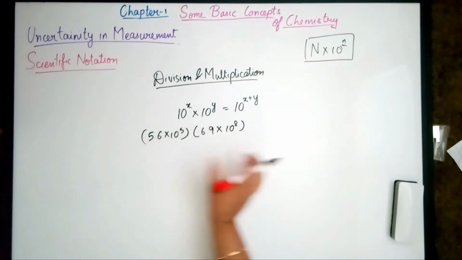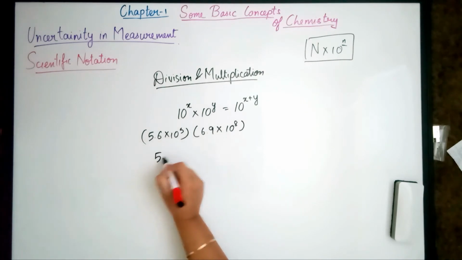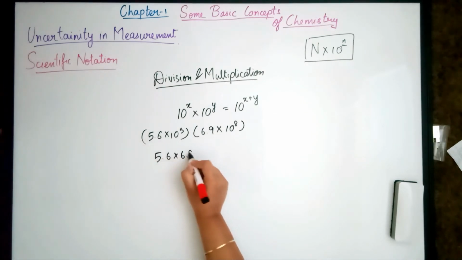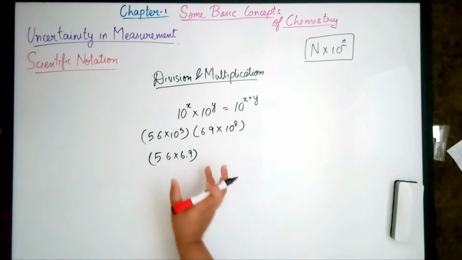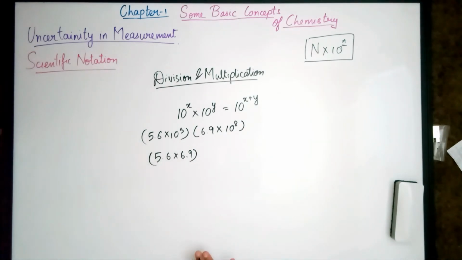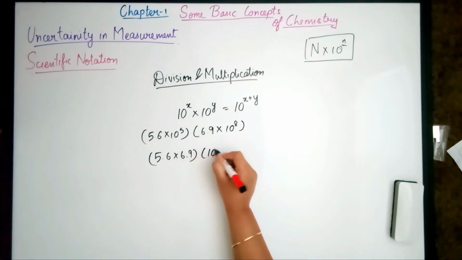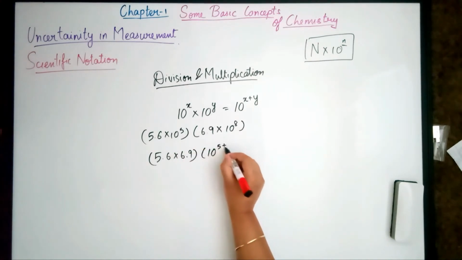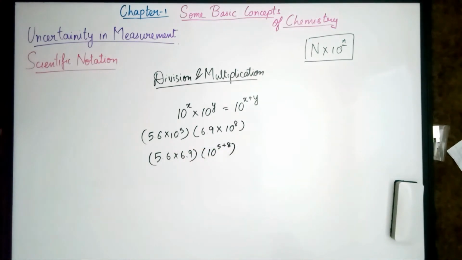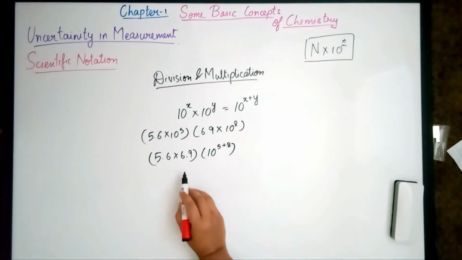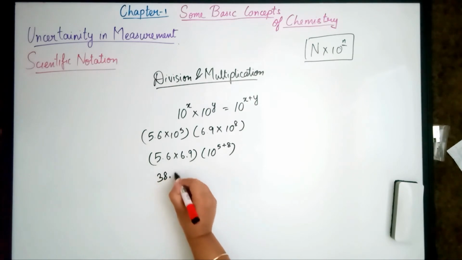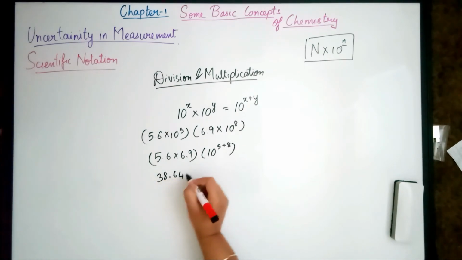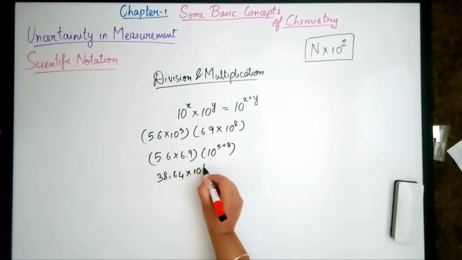So 5.6 into 6.9. I mean, that's just the numbers, right? And this into 10 to the power 5 plus 8. So when we calculate 5.6 into 6.9, it gives us a value of 38.64 into 10 to the power 13.